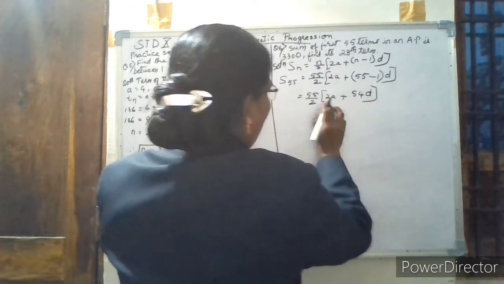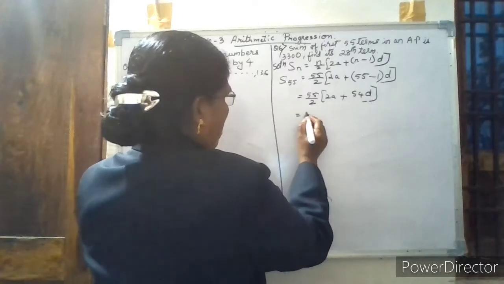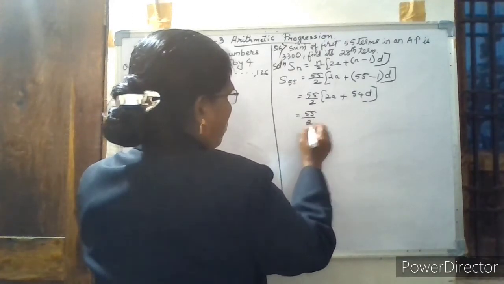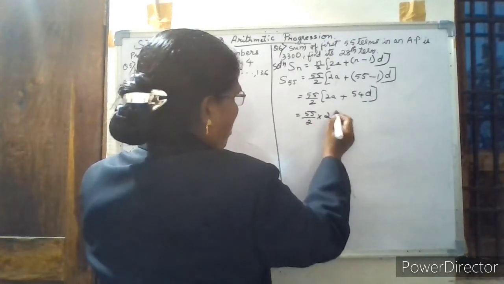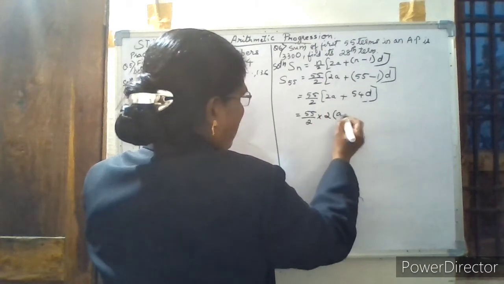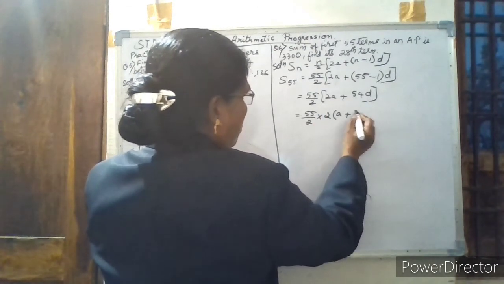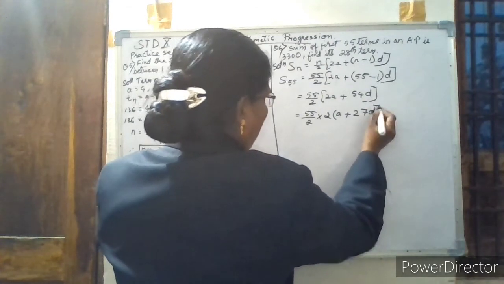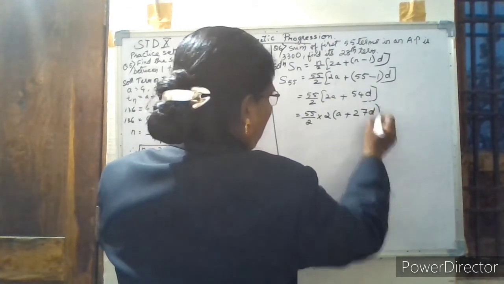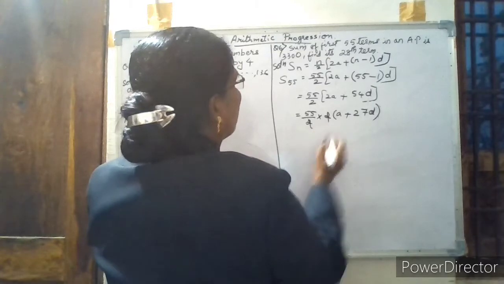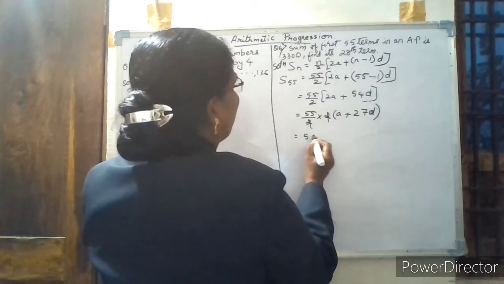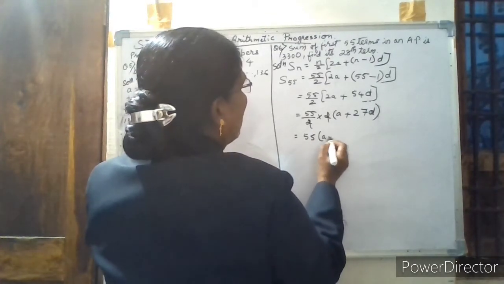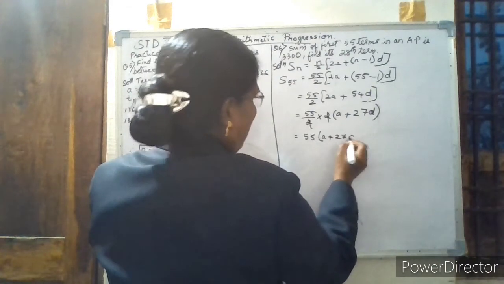Now 2 we can bring out common. So 55 by 2 into 2 you bring out common, 2 gone, a will remain plus 2 2s are 4, carry 1, 2 7s are 14, 27d. So these two cancel. What is left? 55 into a plus 27d.